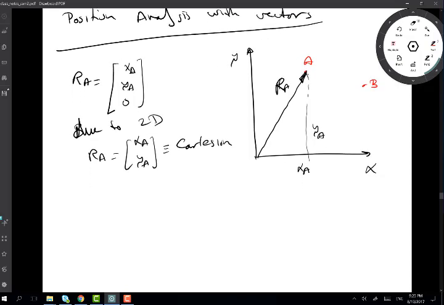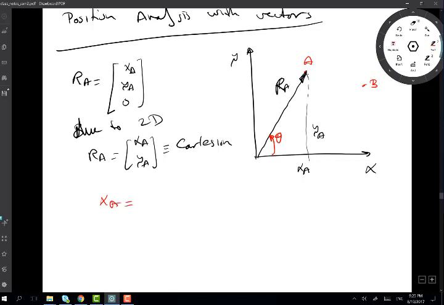But being in a plane, I can also utilize the fact that the vector is in a plane and say I have an angle theta attached to the vector.